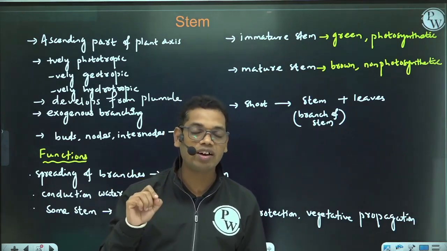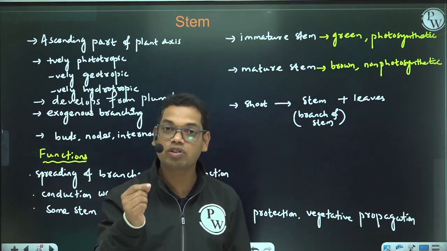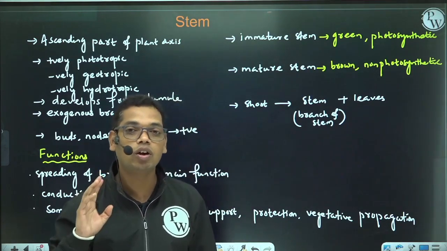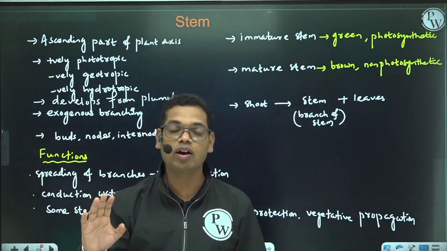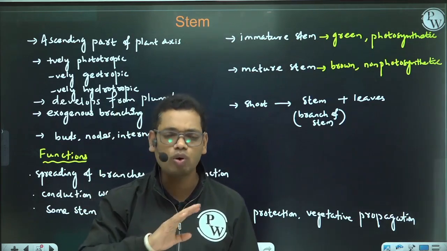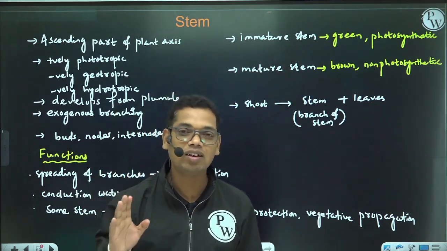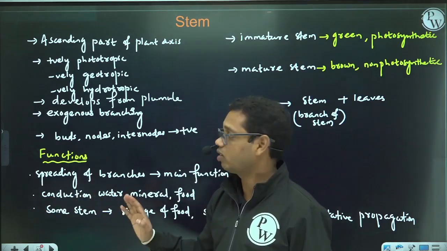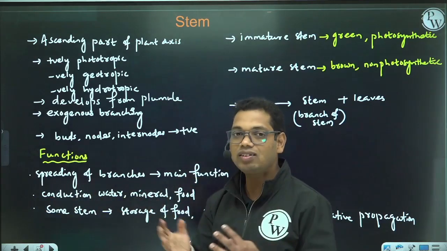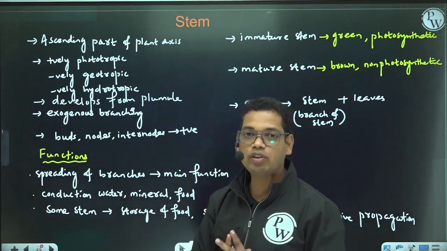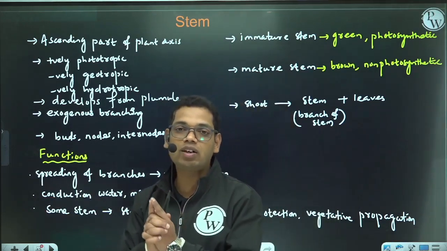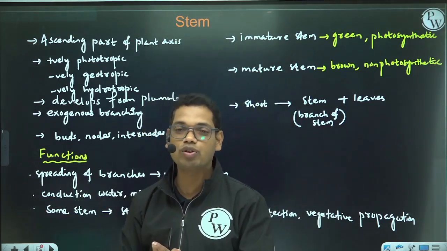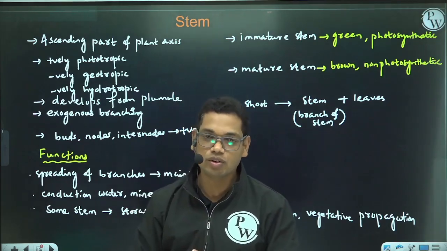If nodes and internodes are present, that means that will be stem. If they are absent, that means that will be root, because no root has any kind of nodes and internodes, but all the stems have nodes and internodes. So to differentiate the underground stem and the root, you have to look at the presence or absence of the nodes and internodes.